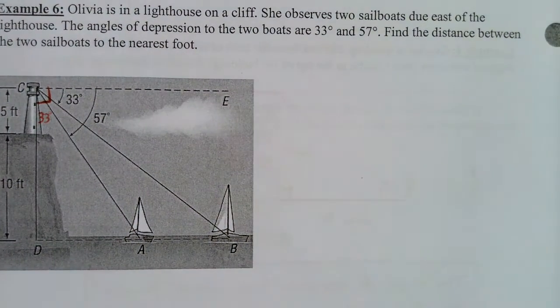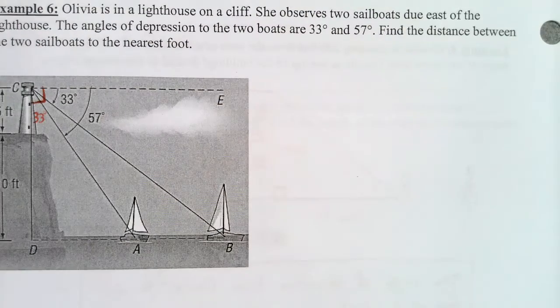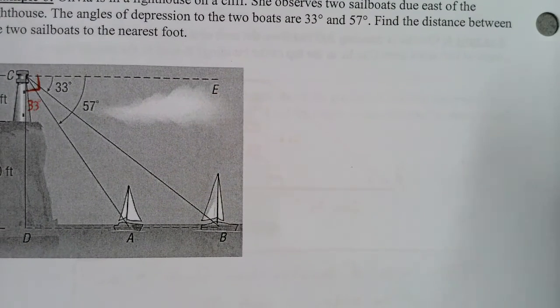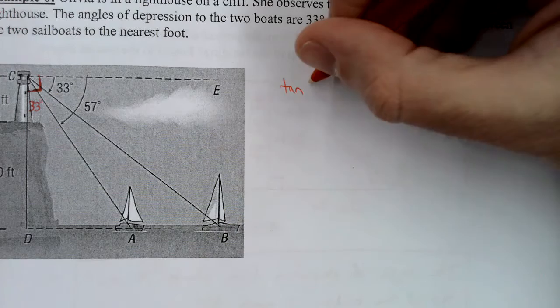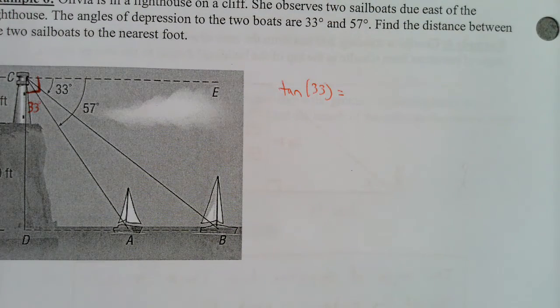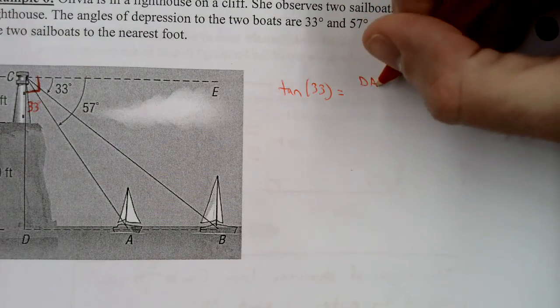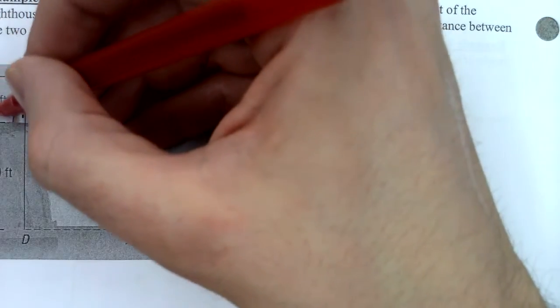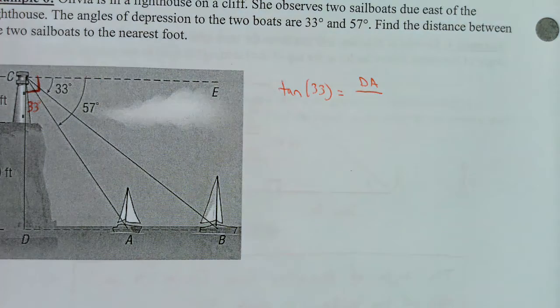So here's what I'm going to do. I'm going to do tangent of 33 degrees equals opposite, which is DA, over adjacent, which is 195.